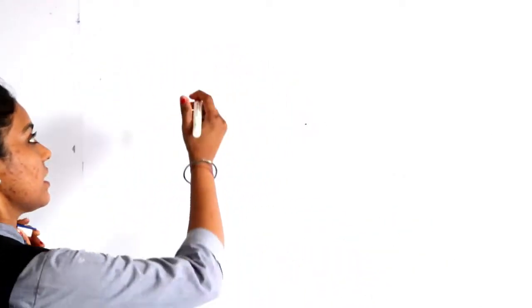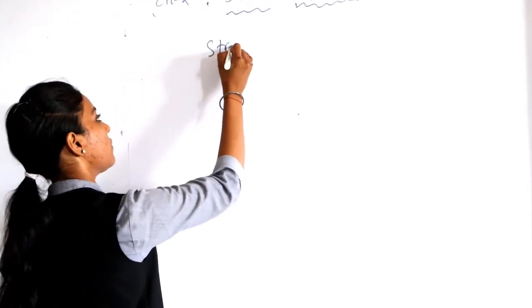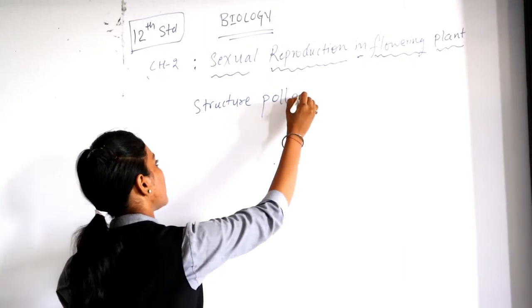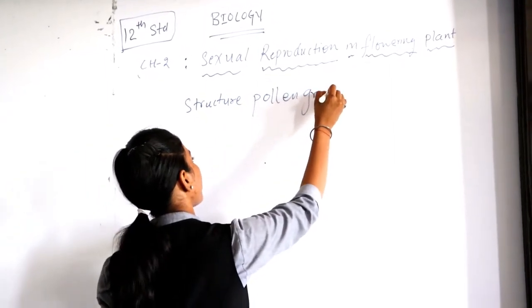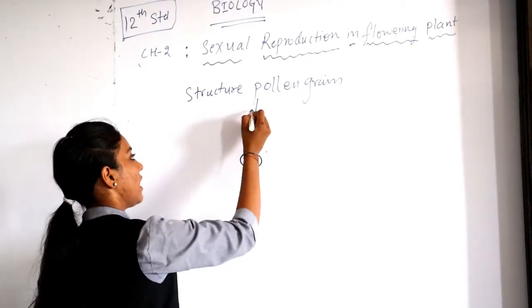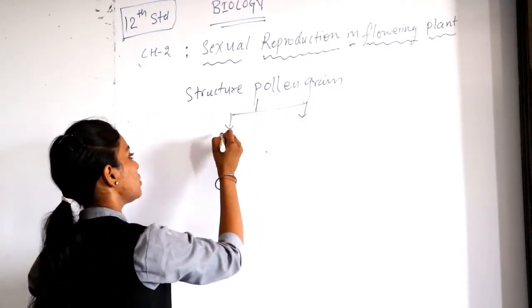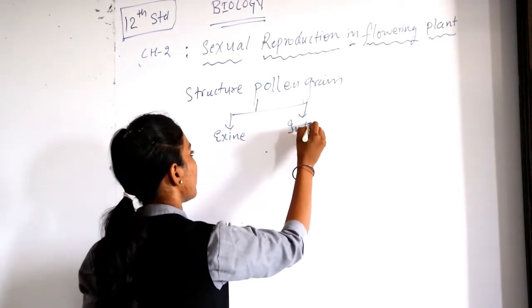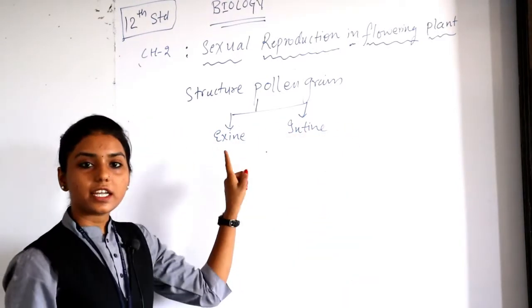So we have seen something regarding the structure of pollen grain. In this we have seen that pollen grains have two layers, called exine and intine.